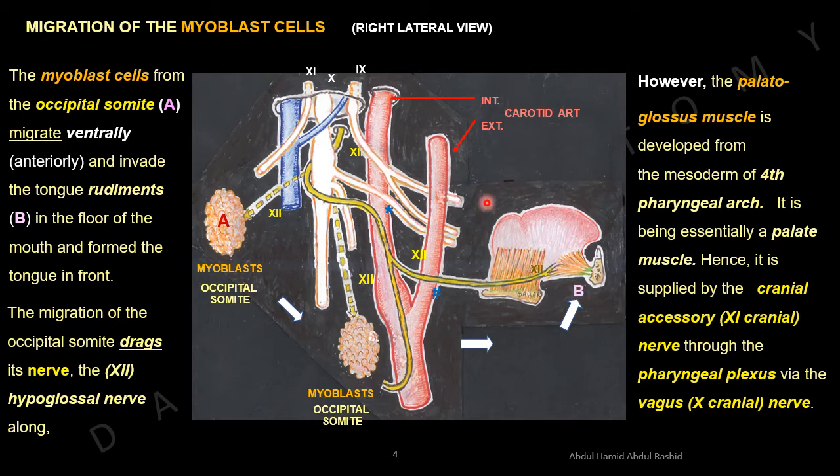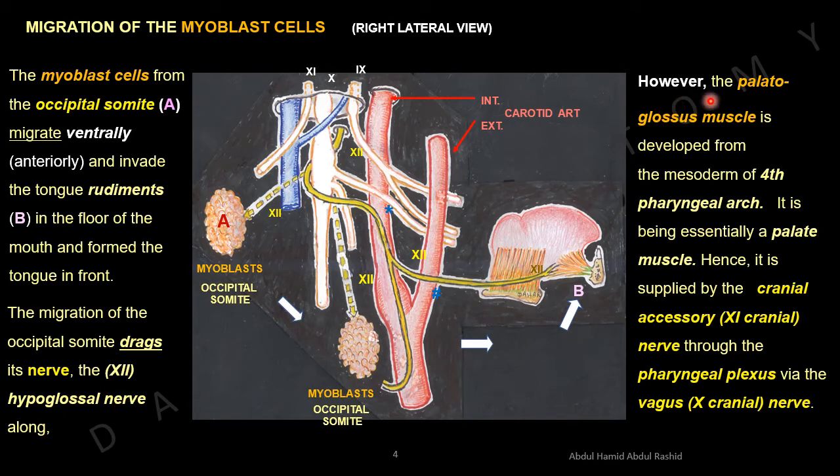The myoblast cells from the occipital somite A migrate ventrally, that is anteriorly, and invade the tongue rudiments B in the floor of the mouth and form the tongue in front. The migration of the occipital somite drags its nerve, that is the 12th cranial nerve, hypoglossal nerve, along with it.